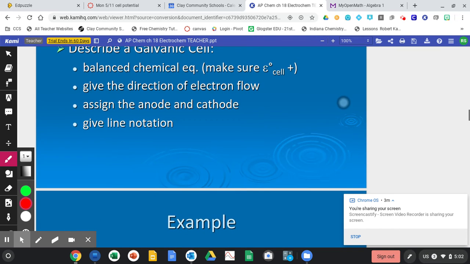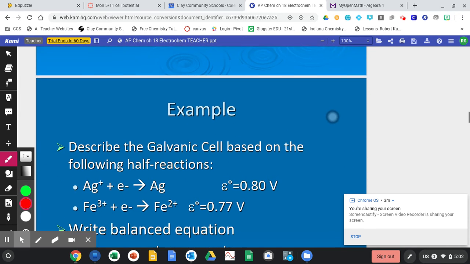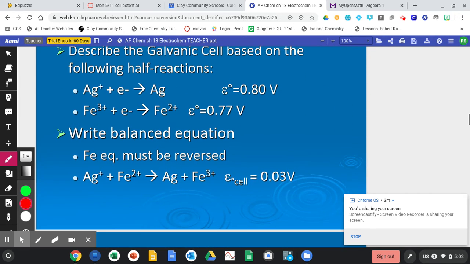This basically gives us the direction of electron flow, and so we are assigning an anode and a cathode and giving the line notation. So this one does match. You've got your equation matching what we're going to be doing for the cell notation. I'm not sure why the ones on the other side didn't match. They showed two different things, and I apologize for that.